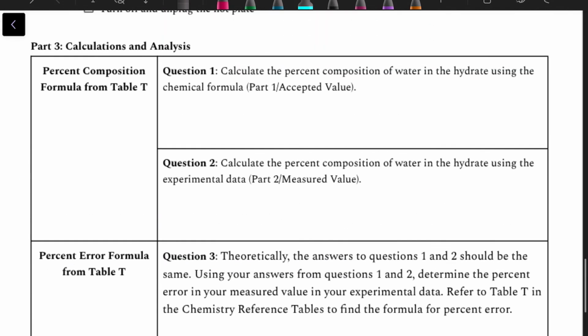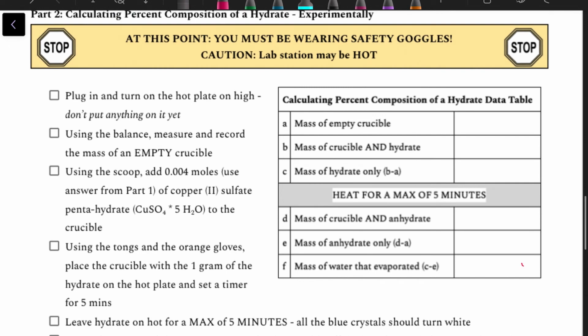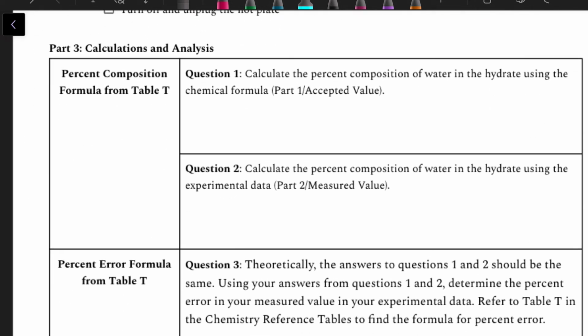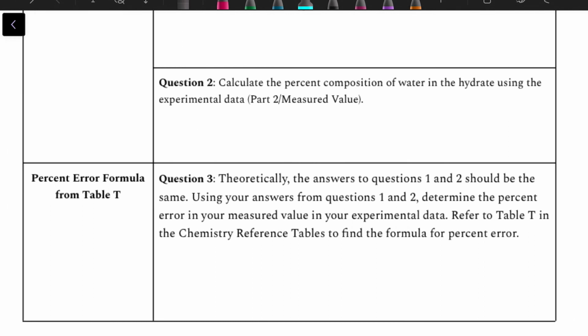So that's for that. And then question number 2, percent composition of water in a hydrate using experimental data. So you're going to need to use the amount of water and the amount of hydrate. Now, in theory, those answers should be the same, but we know errors happen when we do experiments. So your job then is to calculate the percent error in your experiment.